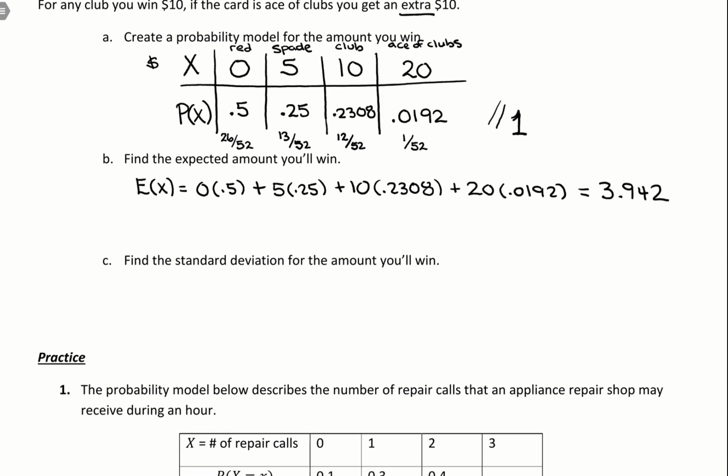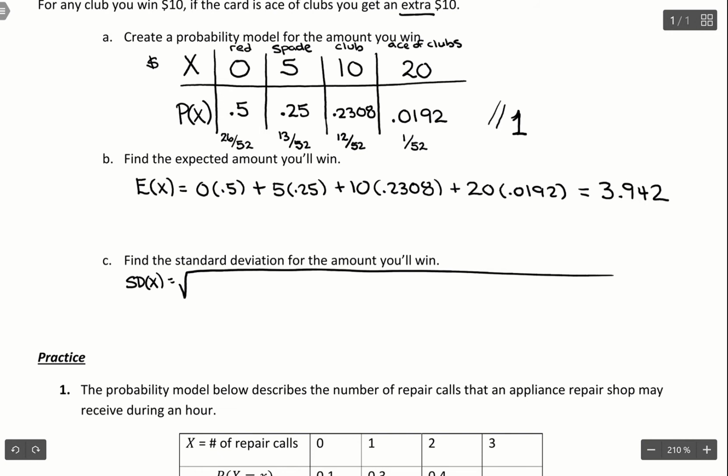For the standard deviation, this is where we need a big square root. And then we're going to take each value minus the mean squared. So for instance, 0 minus that 3.942 squared, and then you multiply it by its probability.